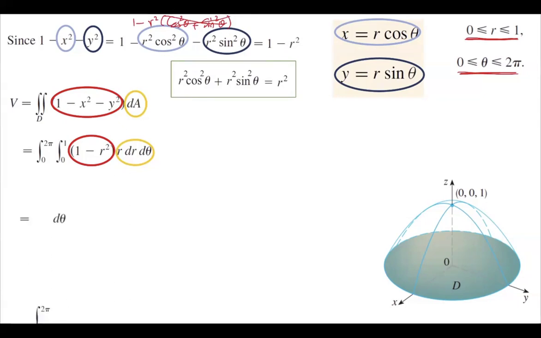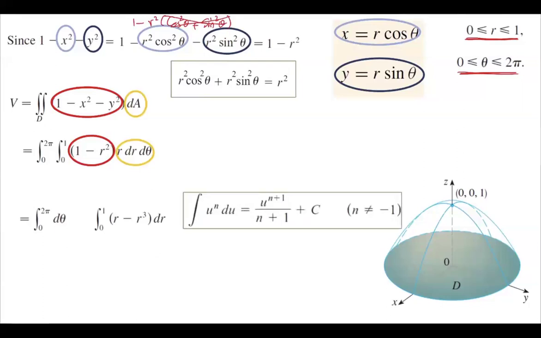This can be written as, well, here you can separate d theta and r dr 1 minus r squared. These two are not connected together. There is no additional subtraction between r and theta. So we can basically separate this into two easy integrals: the integral of d theta and the integral of r minus r cubed dr. In calculating the integral, we're basically using the integral of u to the n du, which is u to the n plus 1, divided by n plus 1, plus c.